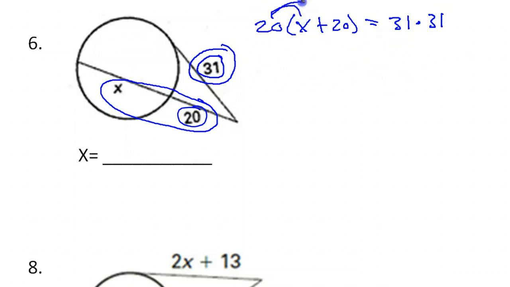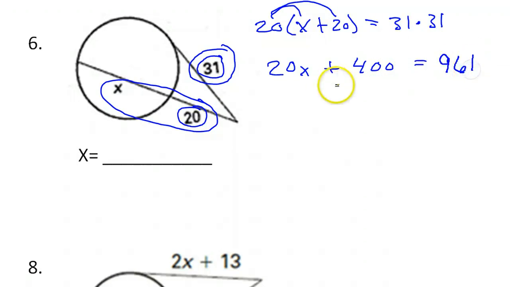So distributive property here gives us 20x plus 400 equals 961. Subtracting 400 from both sides gives us 20x equals 561.